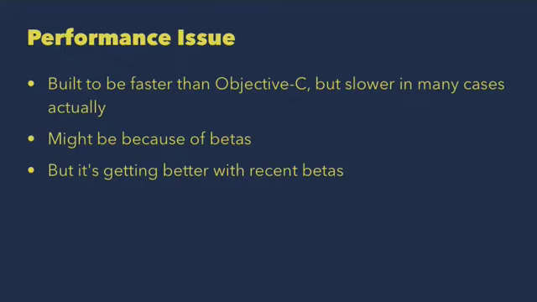It might be because of the betas, because during beta a lot of the compiler optimization is not enabled. Evidence of this is that in the recent betas it's actually getting better, but I think it's still a place you need to keep your eyes open if you want to consider using Swift.